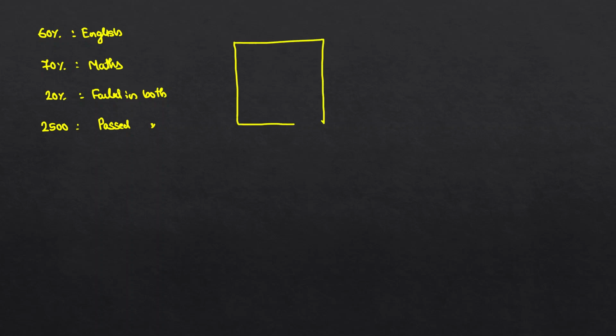The rectangle shows the complete percentage; that means the rectangle represents 100 percentage, or the total number of students. Inside it, we draw circles, each representing a category. For example, if you draw one circle for the percentage of students who passed in English, this is 60 percentage.